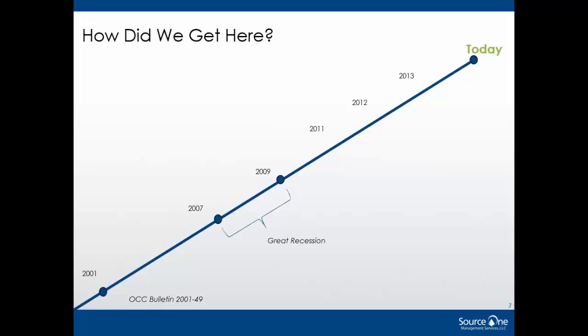But then from 2007 to 2009, we obviously had the Great Recession. So a lot was born out of that, a couple of different things. We had the U.S. Financial Crisis Inquiry Commission, which had a number of findings, but overall stated that this crisis was avoidable.